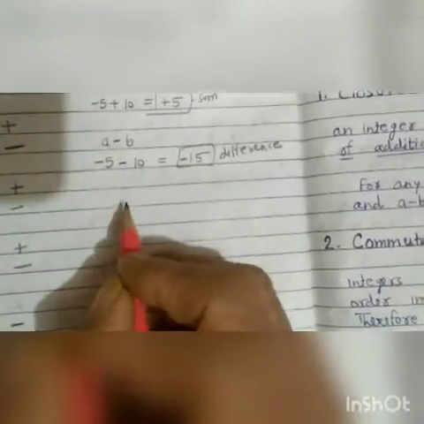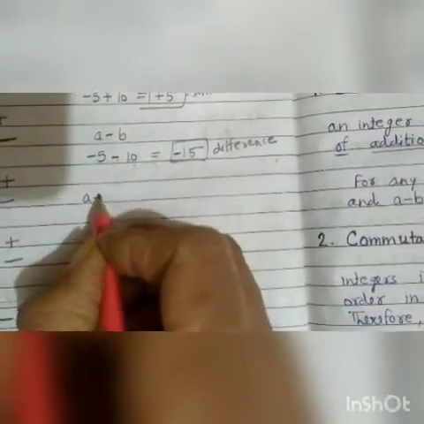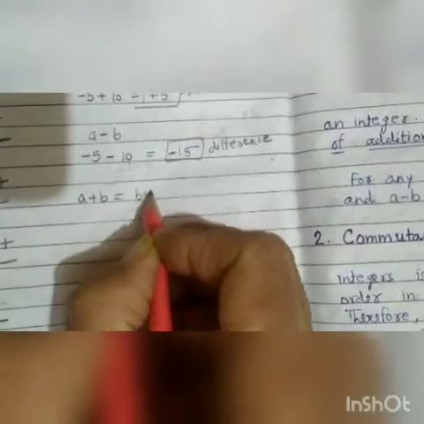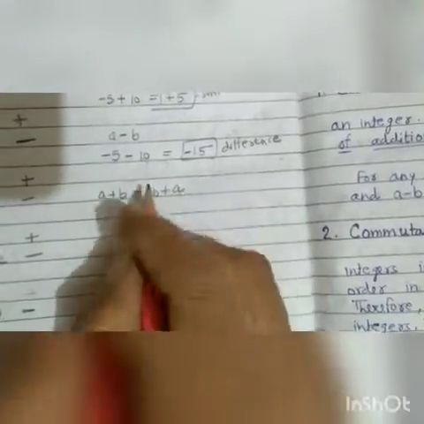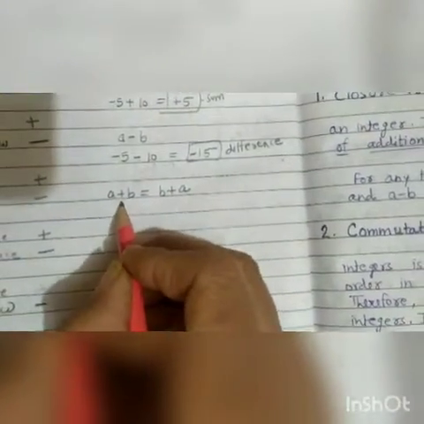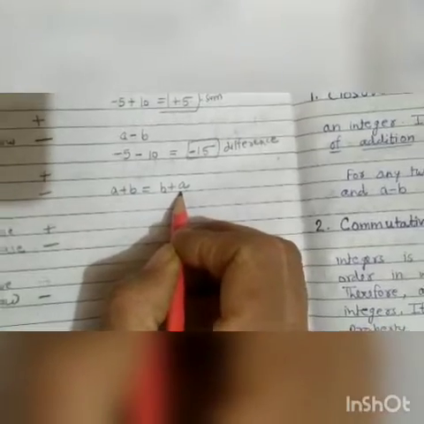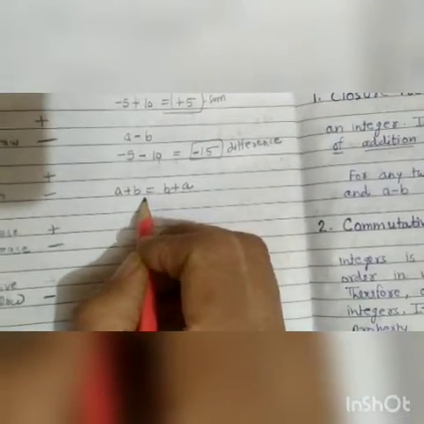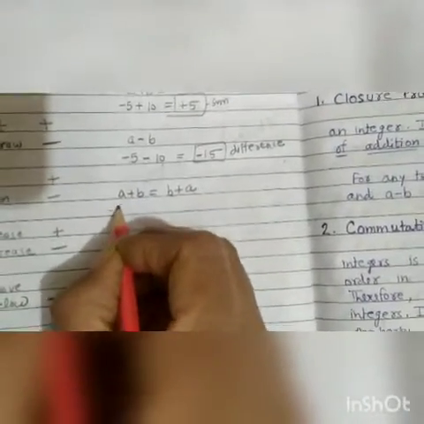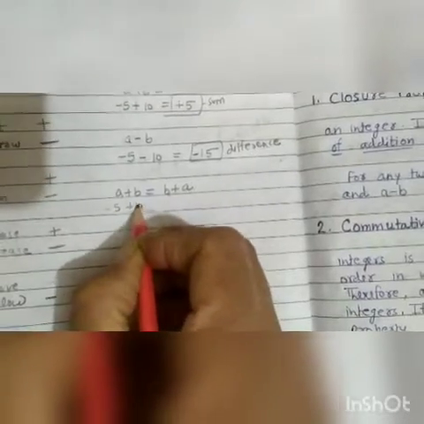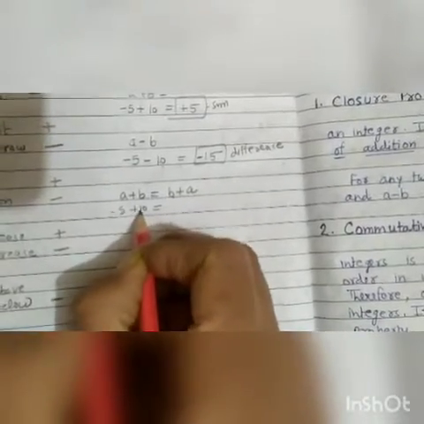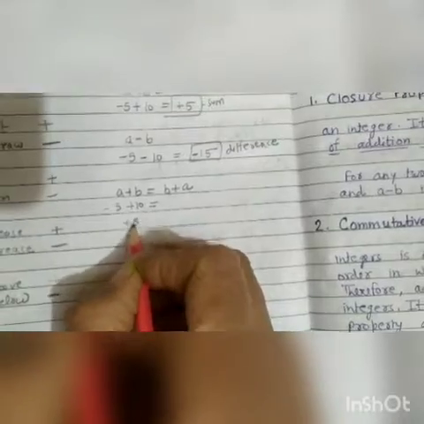According to it, a plus b is equal to b plus a. With a as minus 5 and b as plus 10, minus 5 plus 10, we get plus 5.